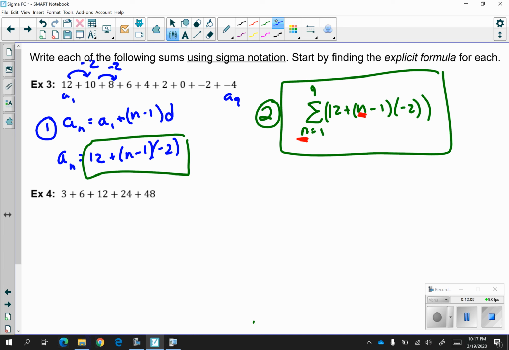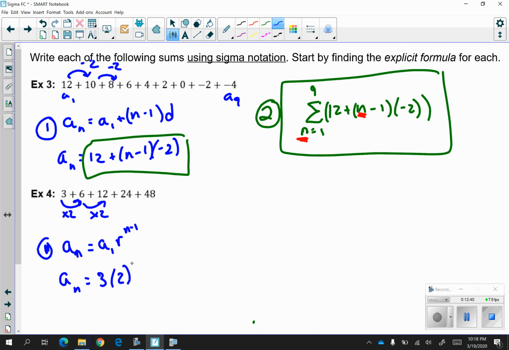In order to do this, we're going to find our explicit formula first. In this case, you are multiplying by 2. So because we're multiplying, I'm going to be using my explicit formula for geometric sequences. So that's a sub n is equal to a sub 1 times r to the n minus 1. My first term is 3.